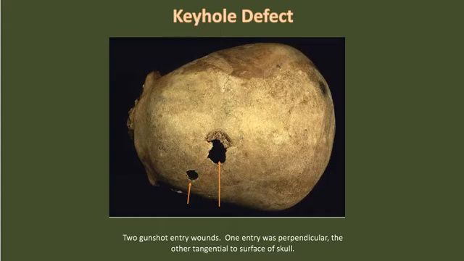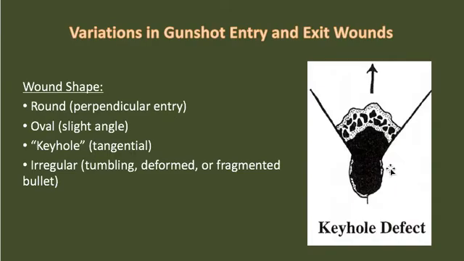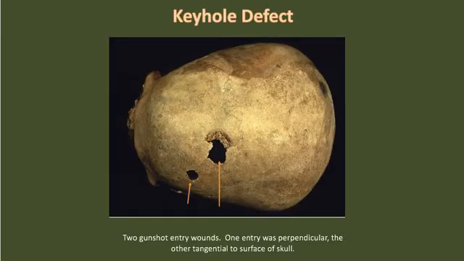One of them, the entry was perpendicular, so it's pretty symmetrical and round, and the other is tangential to the surface of the skull. So for the keyhole entries, you can tell the trajectory of how the bullet entered the skull because this round portion was hit first, basically. So as we can see here, the trajectory is kind of similar for these two holes.